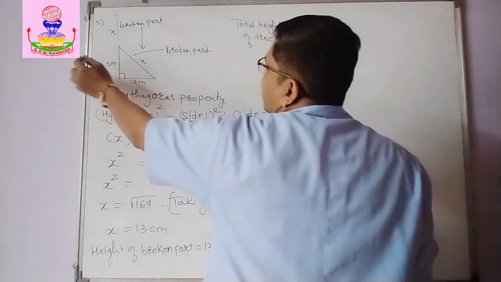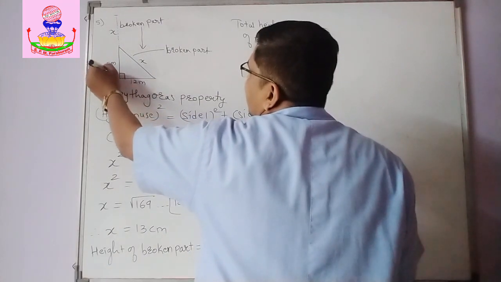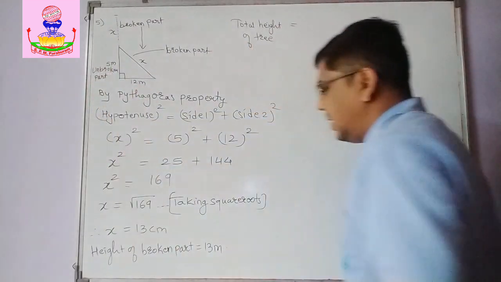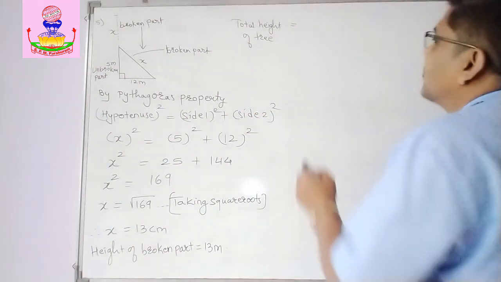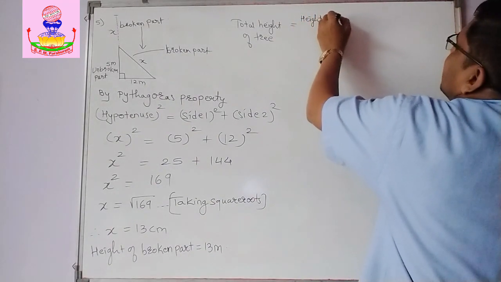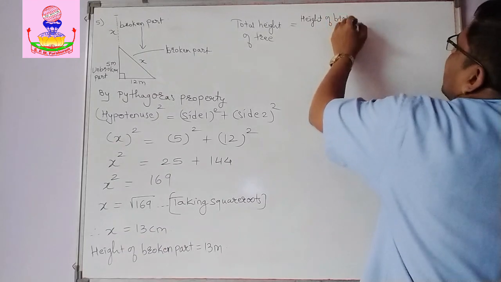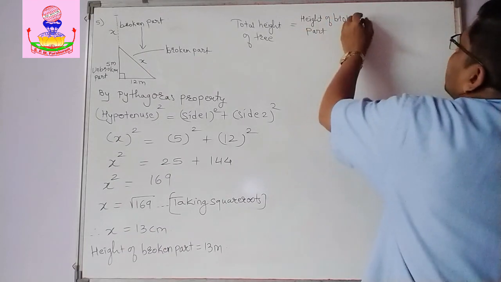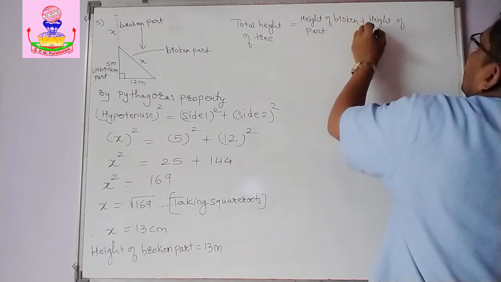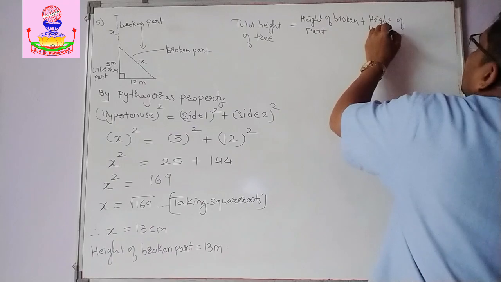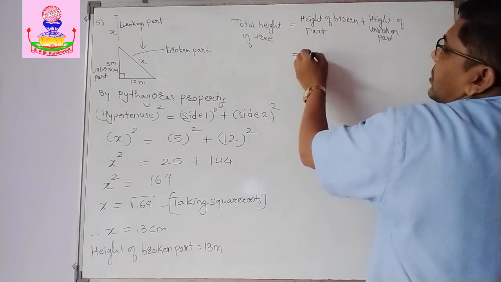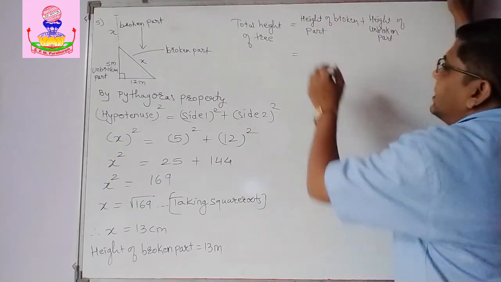So the total height of the tree is the unbroken part plus the broken part. So the height of the broken part plus the height of the unbroken part. What is the height of the broken part?